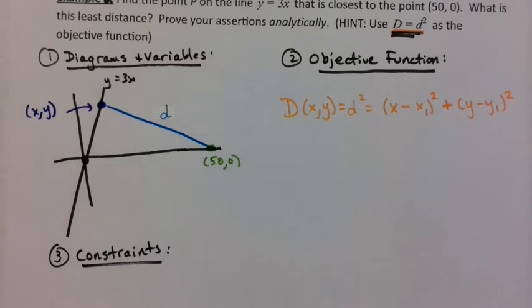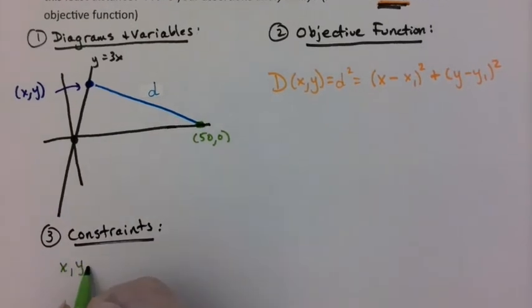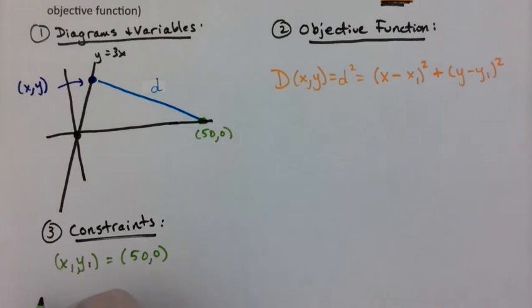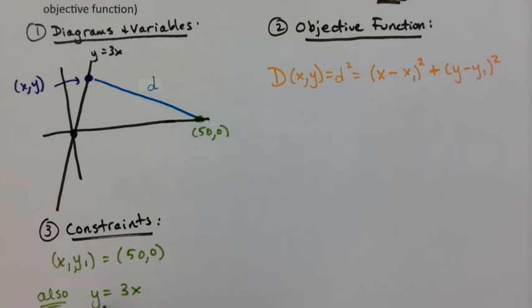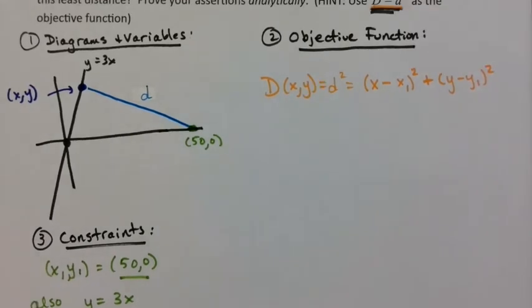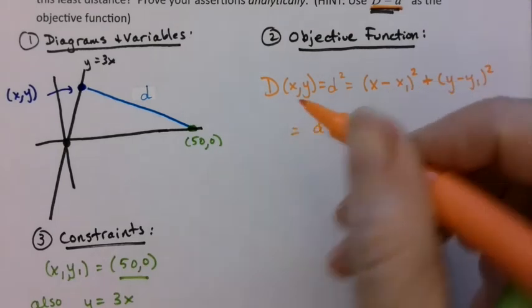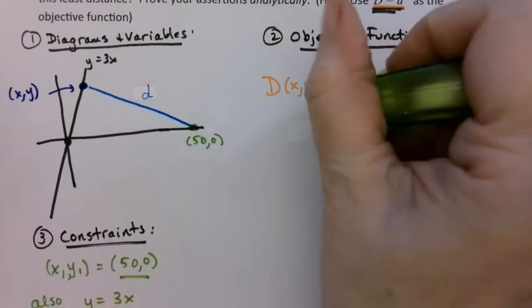All right, so first constraint is that our point x1, y1 is (50, 0), right? And then we're also constrained by the function y equals 3x. So we can use these two pieces. So I can say, okay, distance squared, which is capital D, I'm not even going to write that. I'm just going to write D of (x, y) because I don't really care anymore that it's distance squared.